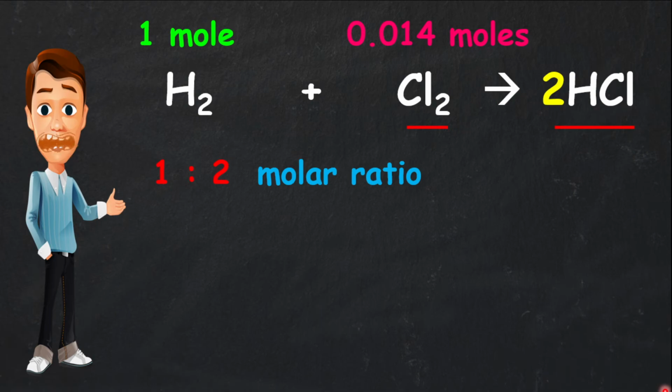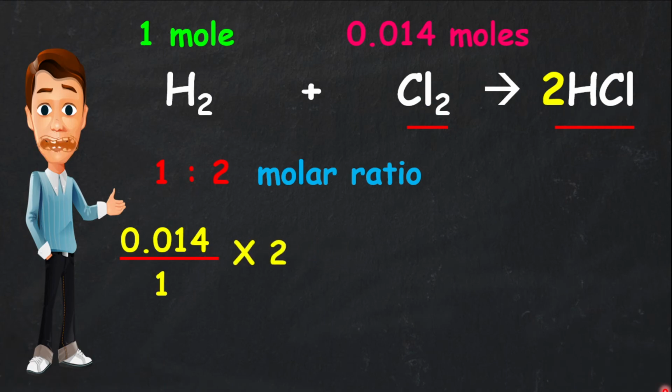From the mole ratio, we can calculate the moles of HCl by simply dividing the moles of chlorine by 1, because there's only 1 mole of chlorine, and multiplying by 2, which is 2 moles of HCl.